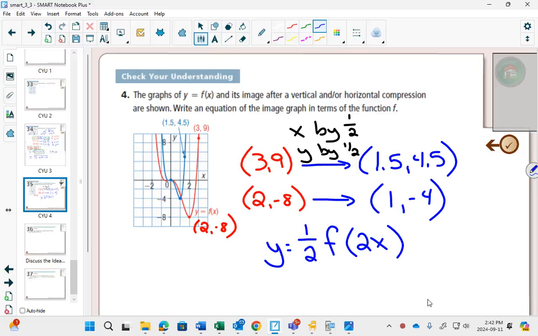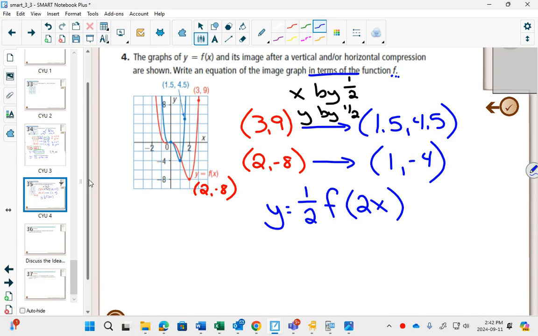That "in terms of f" part is telling us we have f on the right-hand side of our equation. Anytime you see "in terms of," it's telling you that has to appear on the right-hand side of your equation. So we have the 1/2 out in front for the vertical compression, and we have the 2 inside for the horizontal compression.